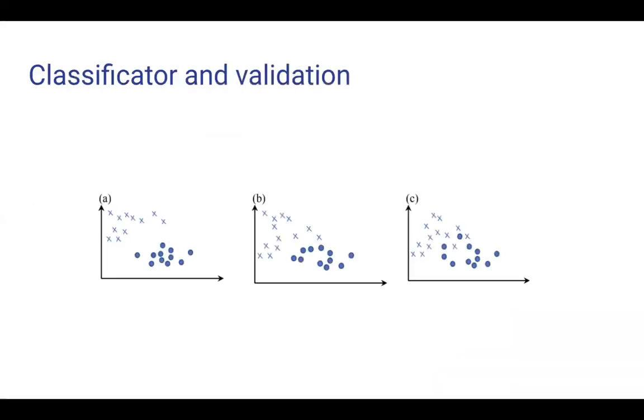So, classifier and validation. To assess the quality of the proposed feature vectors, we have been using MDS to make it two-dimensional, and the criterion we picked is visual, depending on where we have our dots.